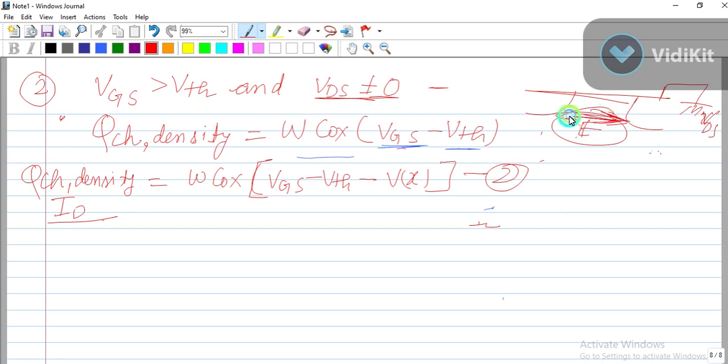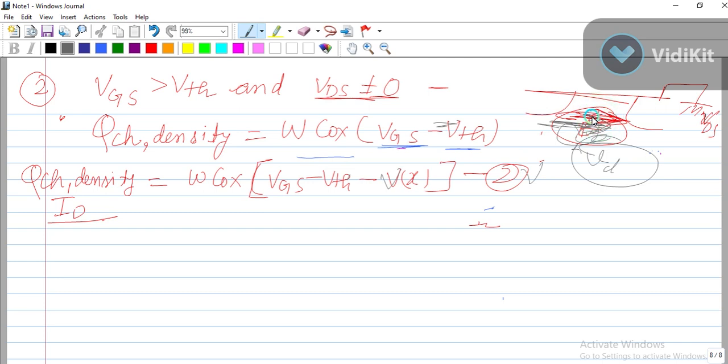Okay, so electrons were moving in this direction because of this electric field, and this was the drift velocity of electrons. Okay, this is called drift velocity.